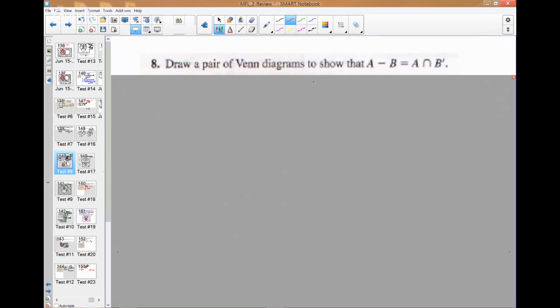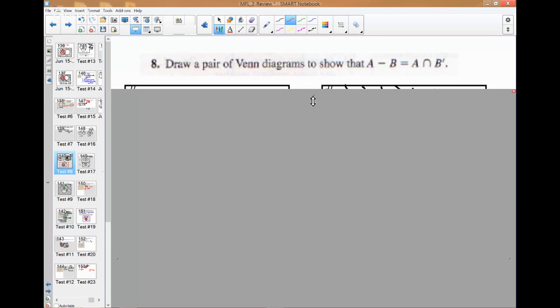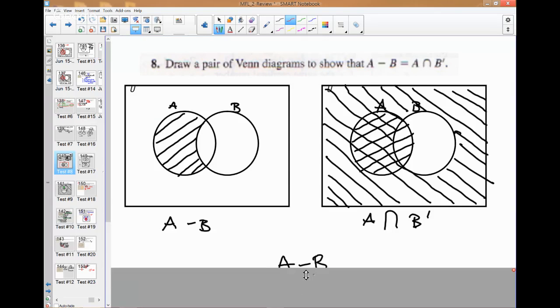Number 8. So this one says, draw a pair of Venn diagrams to show that A remove B comes out to the same answer as A intersect B complement. So you literally have to draw 2 diagrams. So let me just show you.